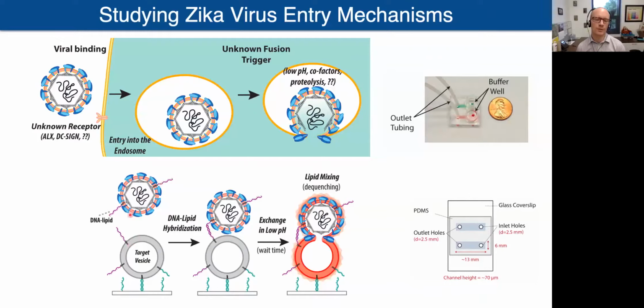Well, we had previously developed a strategy for just this sort of situation, only we had developed it for influenza virus. It basically uses surrogate receptors called DNA lipids that we insert into both of the membranes. That allows us to bind them together, and then we flow in low pH solution with our syringe pump and see whether or not fusion can occur.